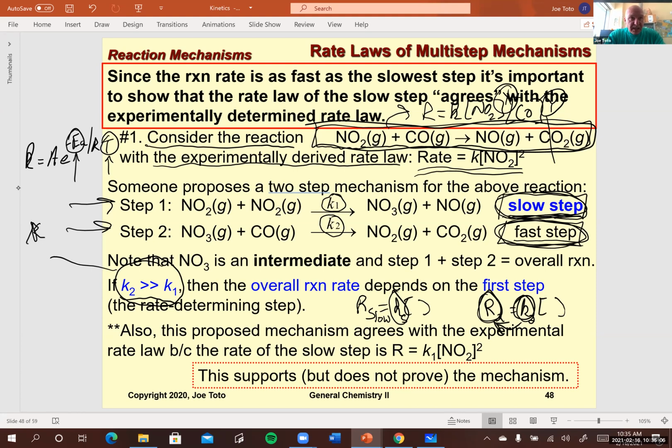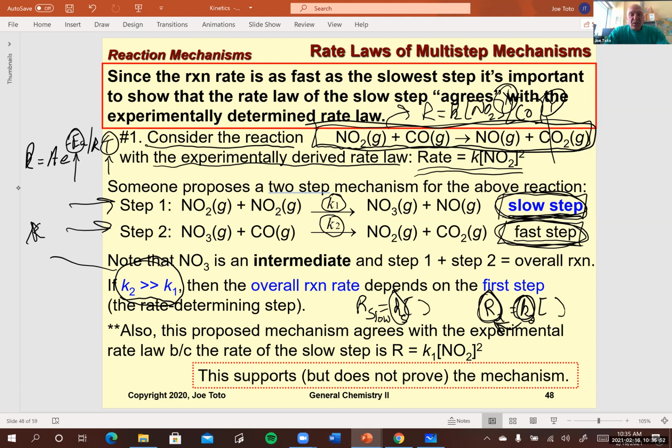So like factory workers, chemists are interested in identifying the bottleneck or the slow step, because once you identify that, then maybe you can do something about it and propose possible experimental updates to make reactions faster. And this is another reason why someone would want to study reaction mechanisms, because the more you understand about a process, the more power you have over that to dictate how it's going to happen.